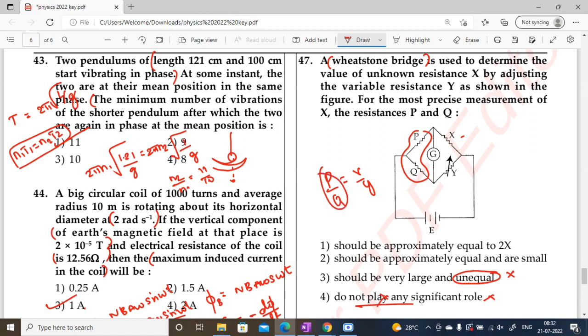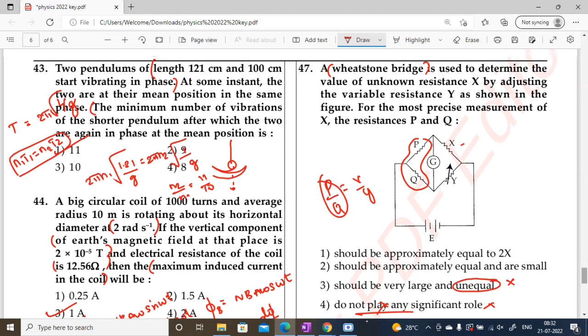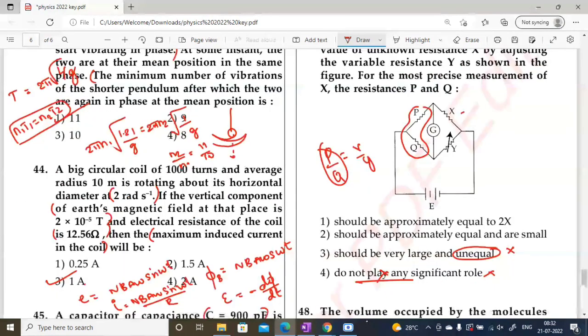So the last two options are neglected. Approximately equal to 2X has nothing to support it. Let us take the second option, should be approximately equal.